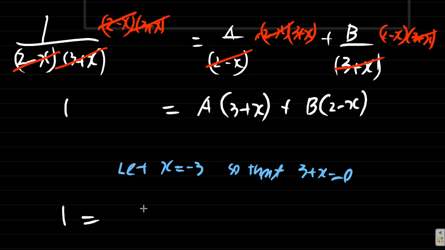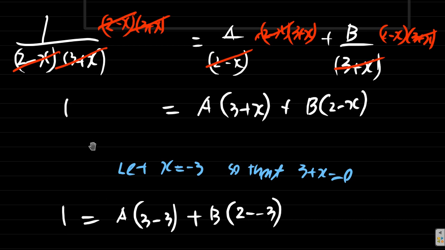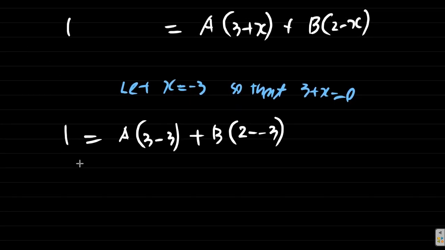So 1 equal, you can see a will disappear, but let's put it in anyway. a times 3 minus 3 plus b times 2 minus negative 3. Alright? So what would happen here? You have 1 equal, a times 0 is 0, 2 minus negative 3 is 5, 5b. So therefore, b equals 1/5. See that? Let me write the b better. So b equals 1/5.